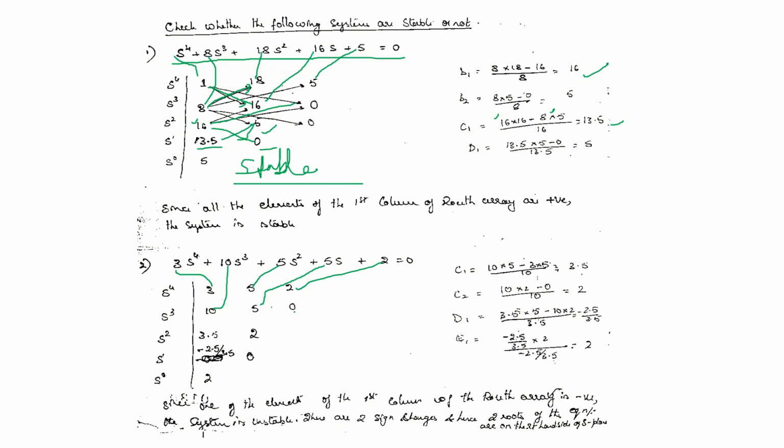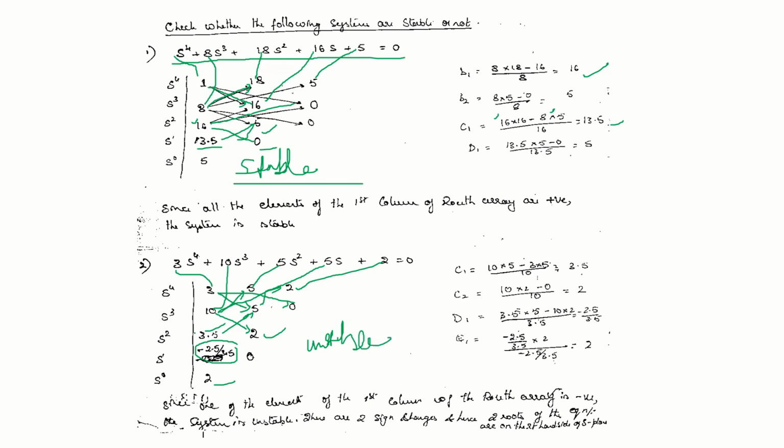There is nothing, 0, 0. 50 minus 15, 35 divided by 10 is 3.5. 20, 0 divided by 10 is 2. 3.5 into 5, 17.5 minus 20 divided by 3.5. So it is minus 2.5 by 3.5. Next is 0. So again this multiplied by this minus 0 divided by this, you will get 2. There is one negative. So it is unstable.